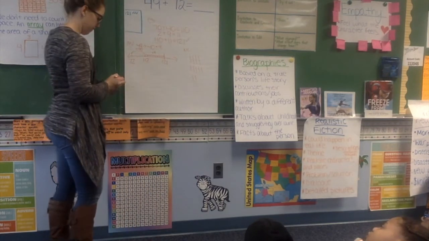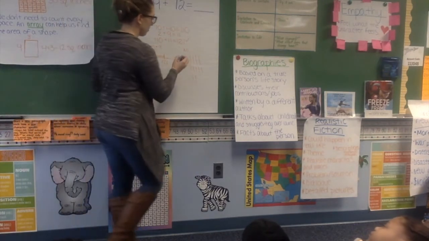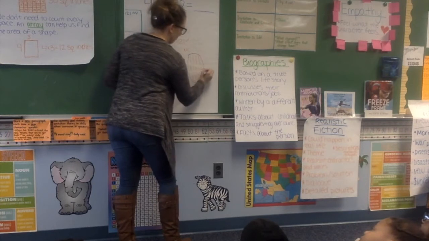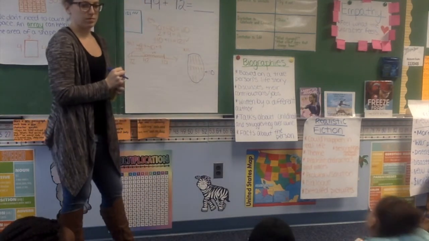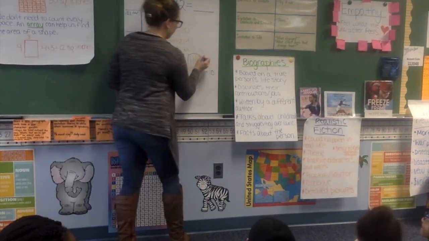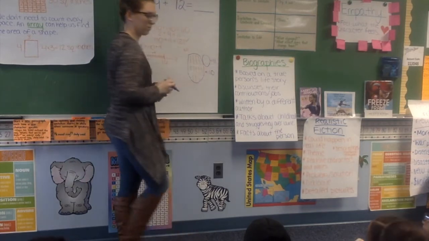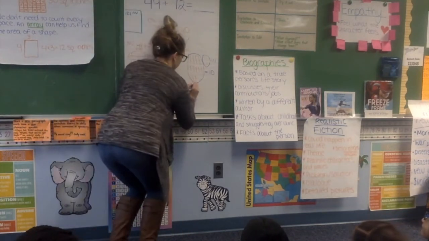And then you have 110. Then you have 11. So 11 plus 110 equals 121.